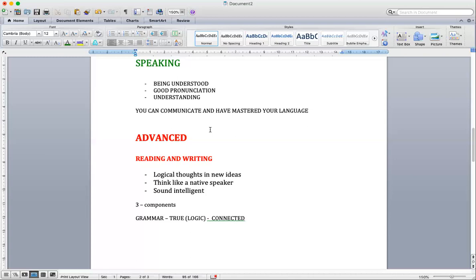So this is what you need for very good speaking skills. You need to have good vocabulary, a good hold on grammar. At the same time, you need to possess the skill of reading and writing. If you practice this, I'm sure you can have your English at a snap of your finger.